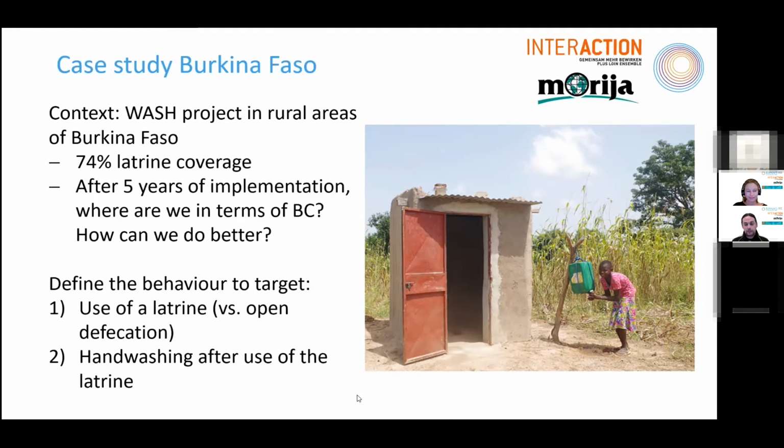So the question was how to do better, and they targeted 2 behaviors. The first was use of the latrine versus open defecation, which was the former behavior that people had. And the second behavior was hand washing after the use of the latrine. So that was the idea of the team. Can you go next, please?